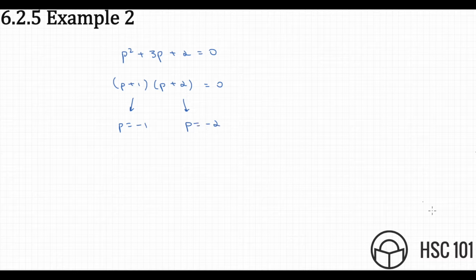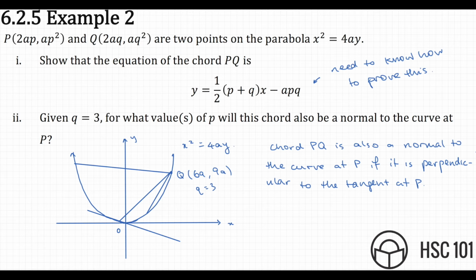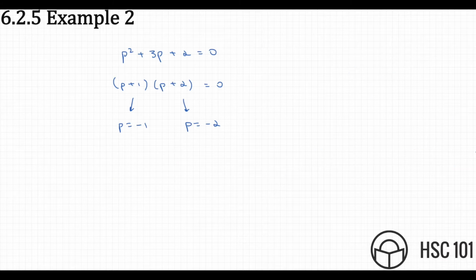So if p equals −1, that's going to correspond to a point over here. My diagram is a little bit off, but the point P is going to be fixed. Of course, P is given by (2ap, ap²). So it's telling us that small p equals −1 is going to give us a point on the parabola such that the chord PQ is going to be perpendicular to the tangent at P at that particular point.